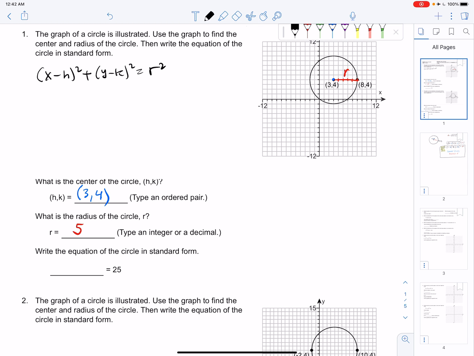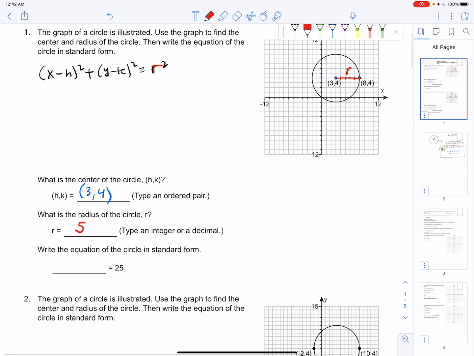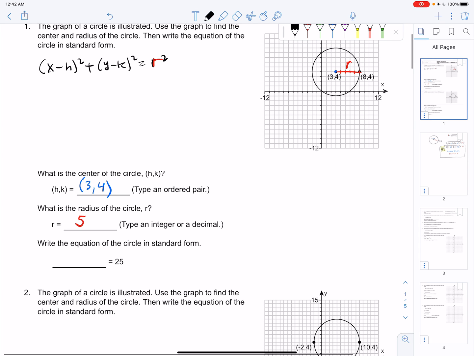So the r is 5, and if you square 5, you get 25. They already have the right side of the equation done for us. All we need to do is fill out the rest. It's x minus 3, quantity squared, plus y minus 4, quantity squared. And there you go, we've got our first problem done.